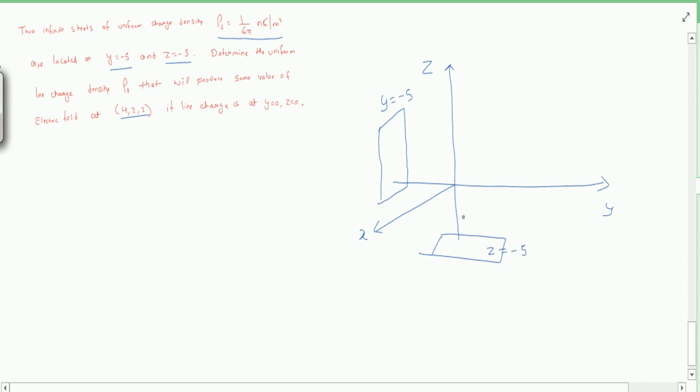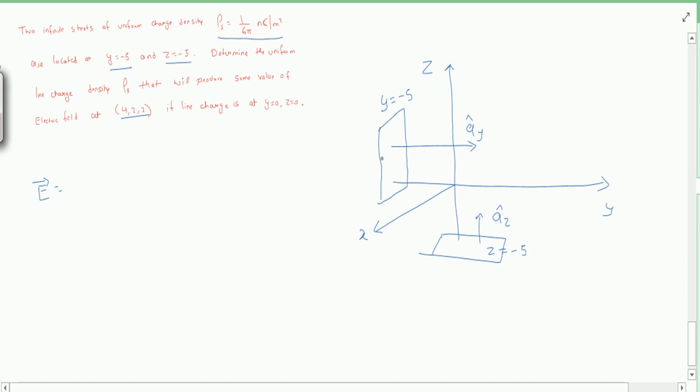What will be the direction of the electric field due to this? It will be ay cap, and for this it will be az cap, because it is given that it is positive only. So we can write the electric field at this location, 4, 2, 2, which is somewhere here, due to these surface charges.